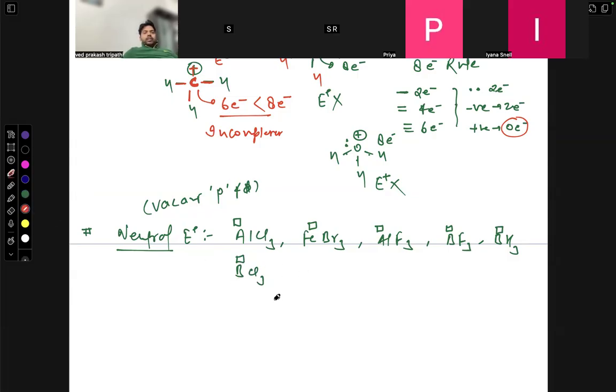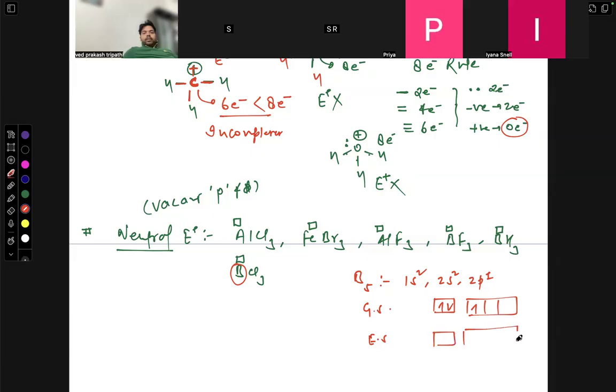Let me tell you a simple example of boron, why you can say they have a vacant orbital. So boron atomic number is 5. If you are going to write down the configuration, it would be 1s2, 2s2, 2p1. So s has 2 electrons, p has 3 blocks and just 1 electron. This is the ground state configuration. In the excited state, one of the s electrons can jump into the p. So you can see they still have vacant space.